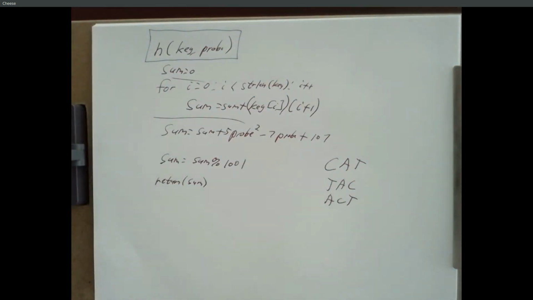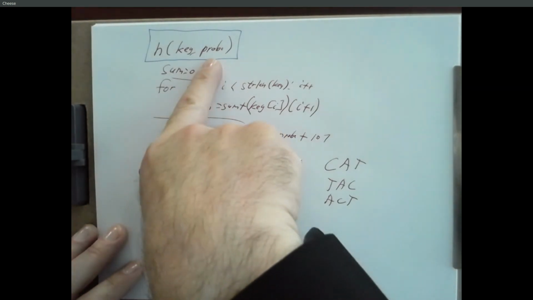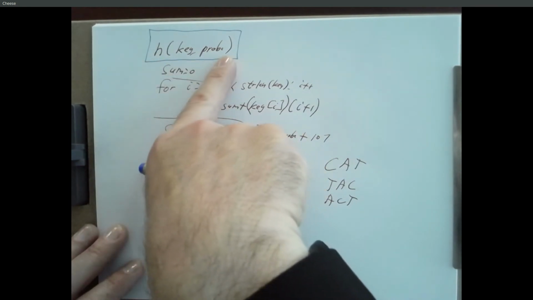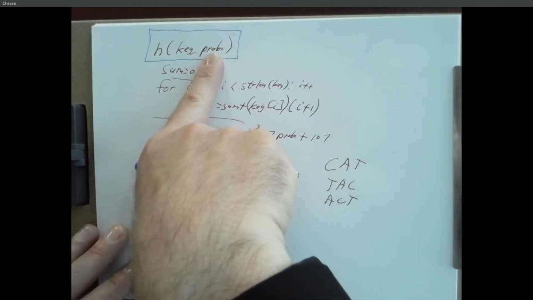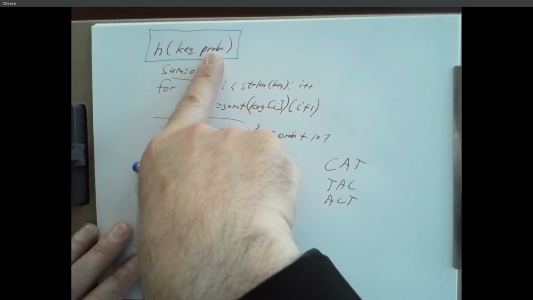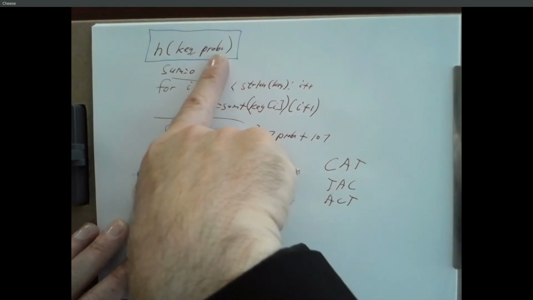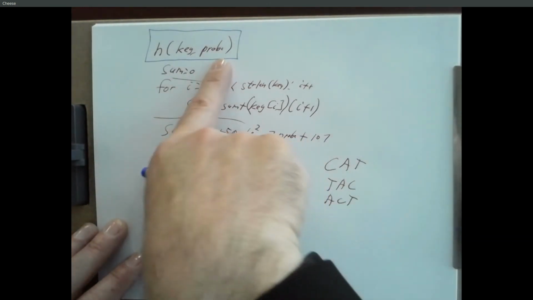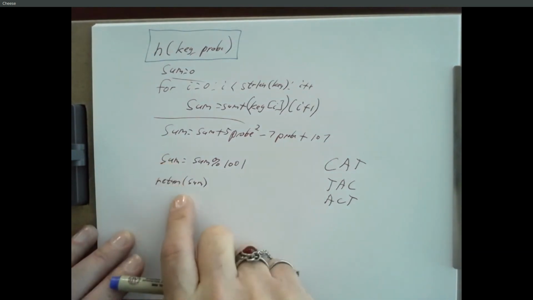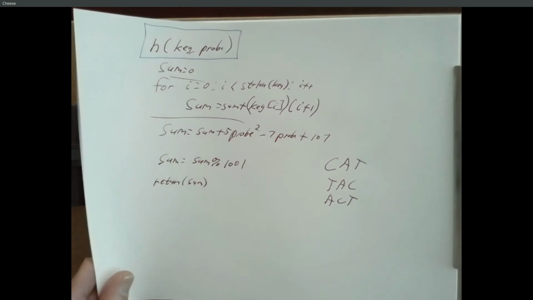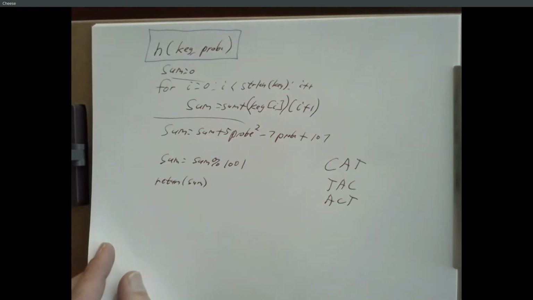It takes a key, whatever that is, a string of characters, a binary file, whatever we're hashing, and it takes a probe number, which usually starts from 0, and the intent is that this returns an index into our array. If we put in a different probe number, it should give us a different index. We'll probe originally with a probe of 0, and if that gives us a collision, we'll rehash with a 1 and a 2 and so on. So that's how we're going to use these hash functions. All right, questions?